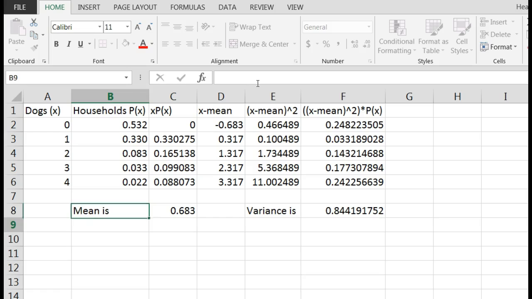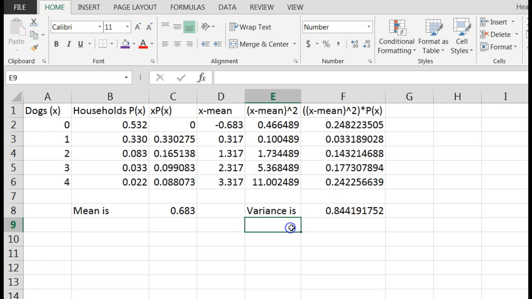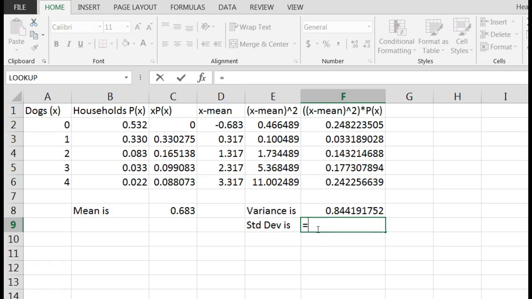I'm just doing this so you can see what I've done at home. So that's my variance. The standard deviation is simply the square root of the number above it, SQRT, square root of this number.